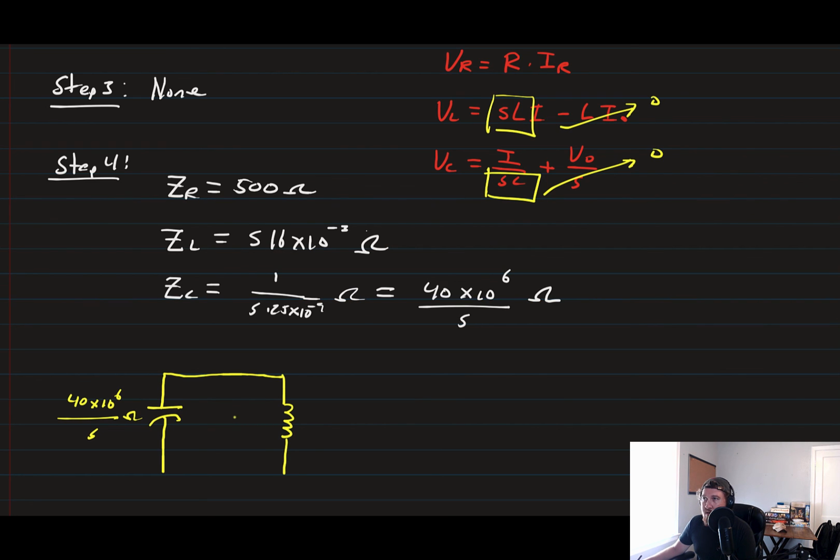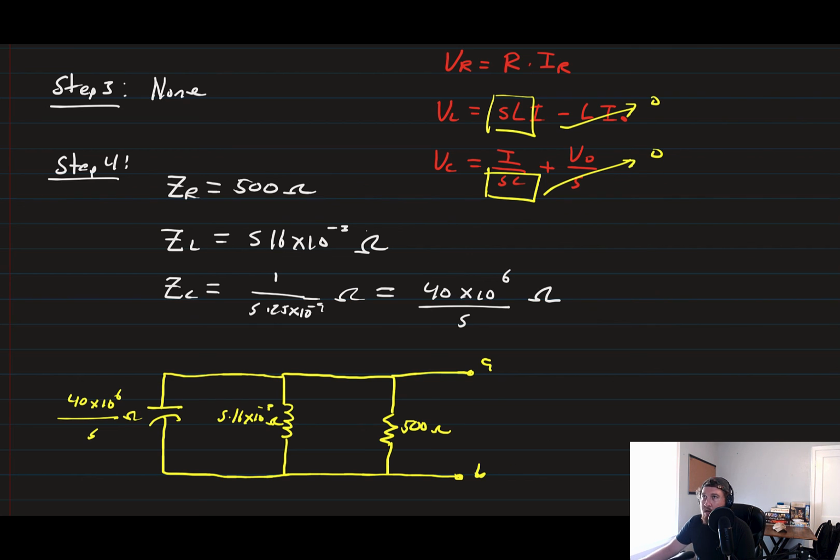Our inductor has 16 times 10 to the negative 3 ohms times S. Our resistor has 500 ohms. And they're all connected in parallel. We still got our terminals A and B, and we're still hunting for that YEQ across the terminals.